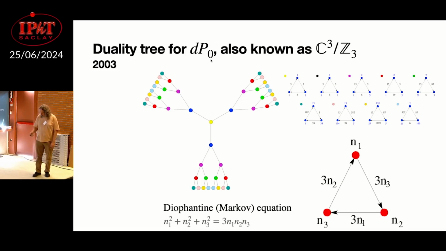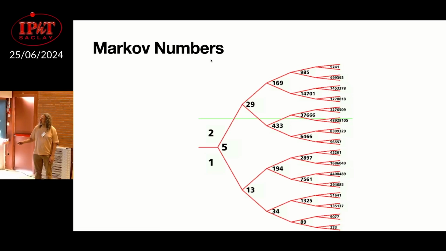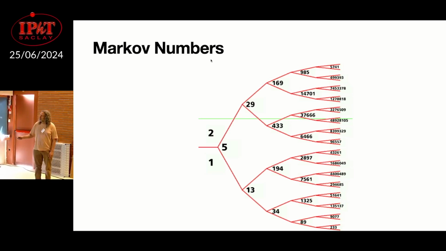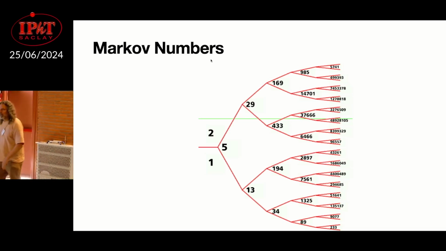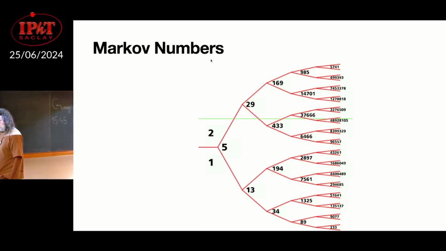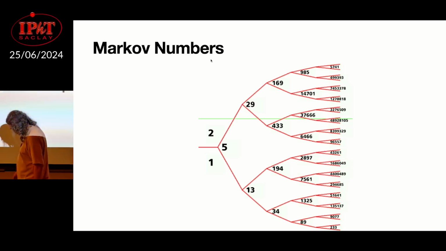I found on the net another characterization of these Markov numbers, where every vertex is a neighbor of 3 numbers. For example, this vertex is a neighbor of 2, 5, and 29, and this will be a solution of the Markov equation, a result of applying dualities successively. Any questions?